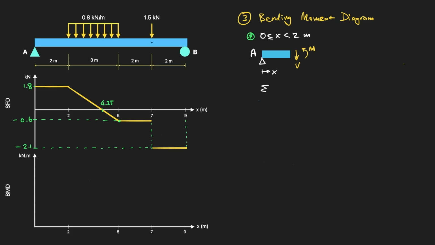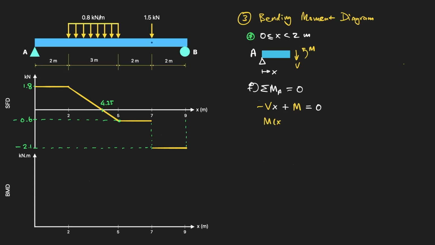Sum of moments about A, counterclockwise positive, equals 0. The shear V acts downward at the cut, a distance x from A, that's clockwise at A, contributing minus V times x. The internal moment, M, counterclockwise positive, contributes plus M equals 0.